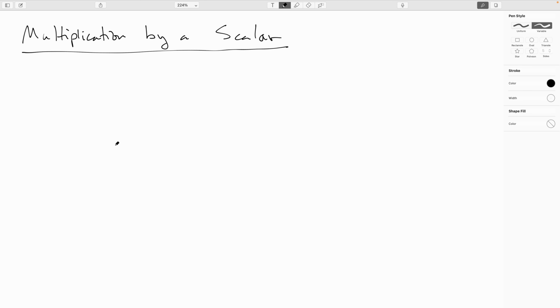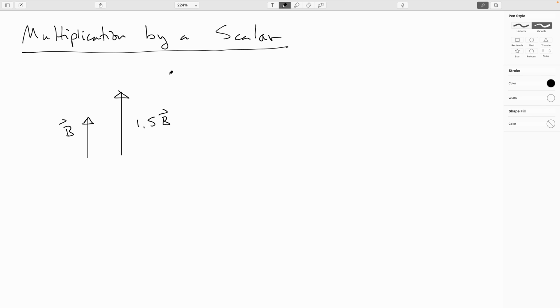And since, remember, a vector is a number with a direction, what I'm doing is I'm multiplying the number. So let's say this is my vector b. If I wanted to have the vector 1.5b, all I would do is just draw a vector that points the same way, but is 1.5 times longer.